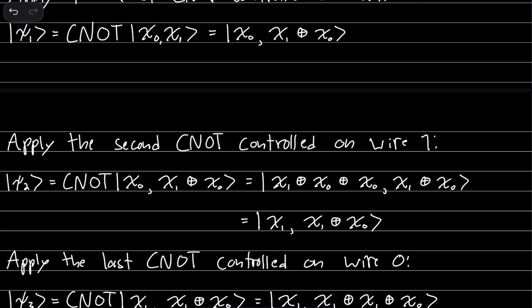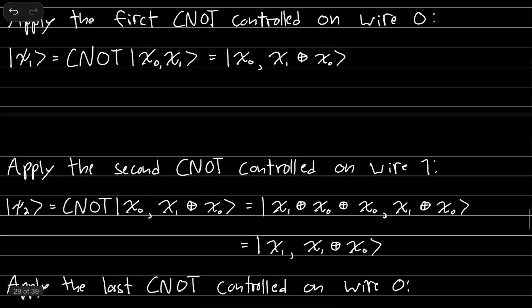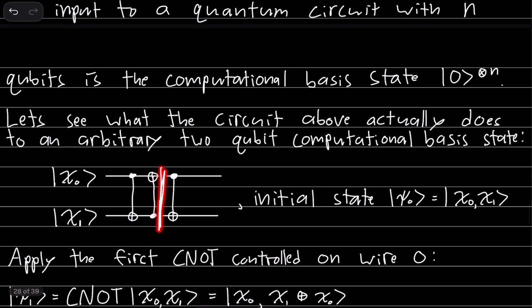And then if we XOR this qubit with itself, if x0 is a 0, then XORing it with 0 is just 0, so it leaves us with x1. If x0 is 1, then XORing it with 1 gives us 0, and then XORing 0 with x1 gives us x1. So this just simplifies to x1, and then we're just carrying this down. So this is the state that we're at now, at this point in the circuit.